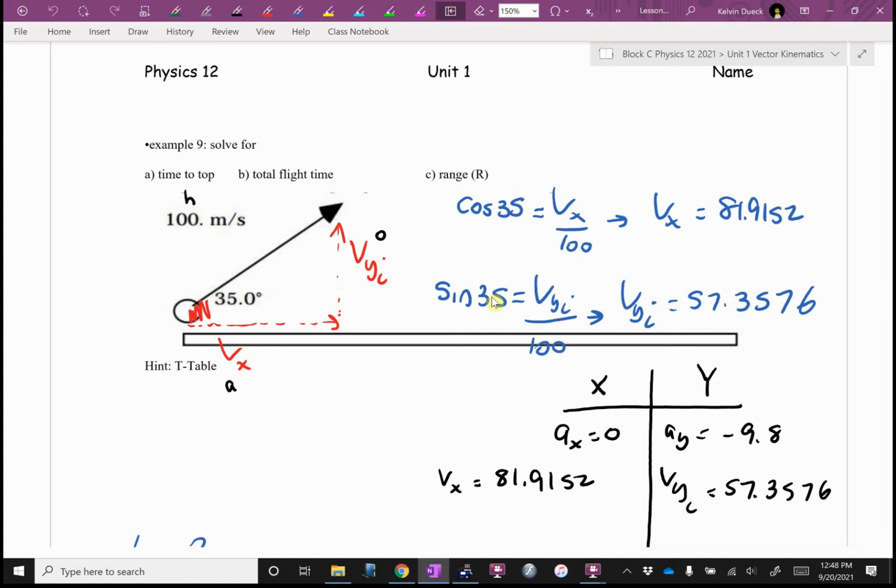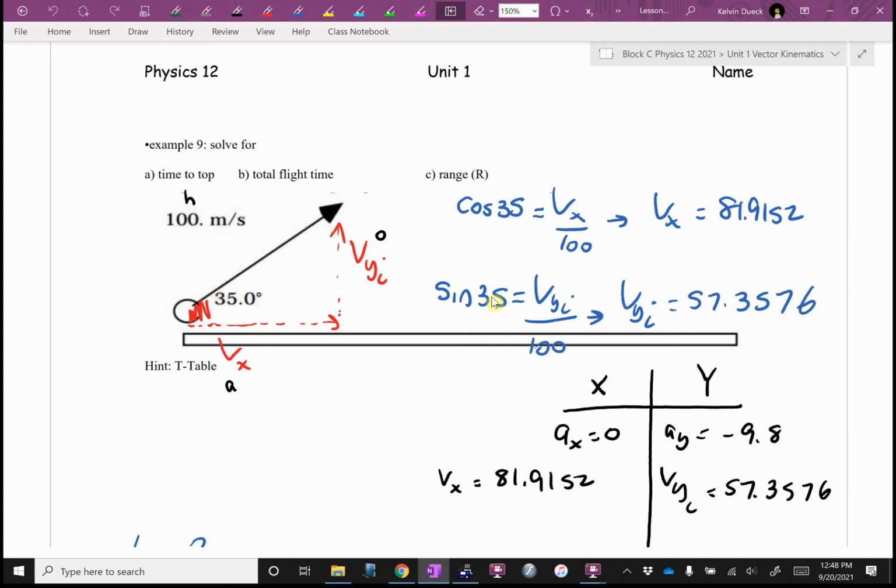You can't use that trick for the airplane in a crosswind or the boat crossing a river because I can give you all sorts of different angles. But for projectiles, we typically measure it from the ground up. Mr. Duick, do you have a clever way that I can remember that Vy is sine?